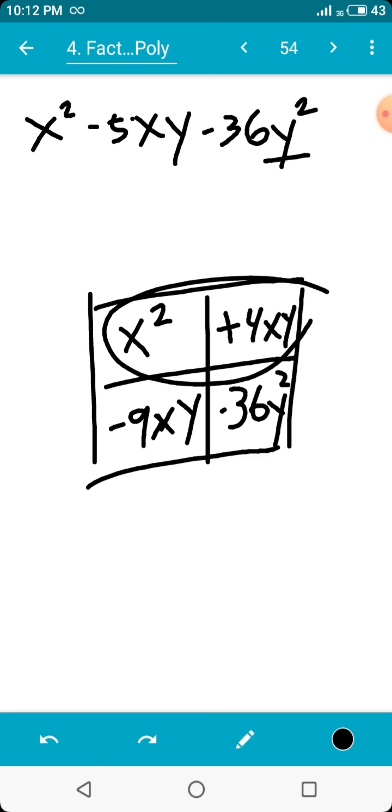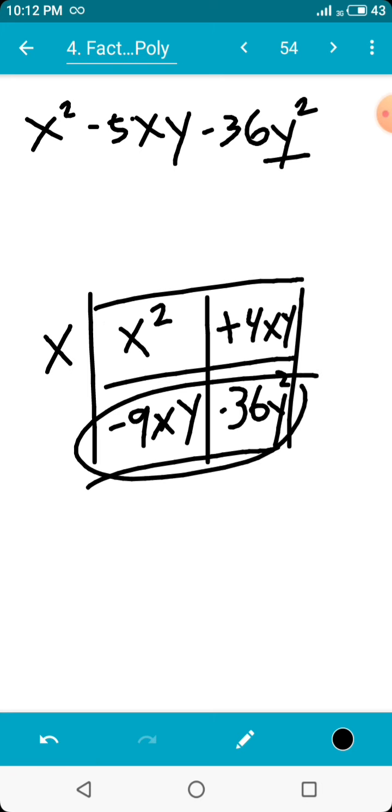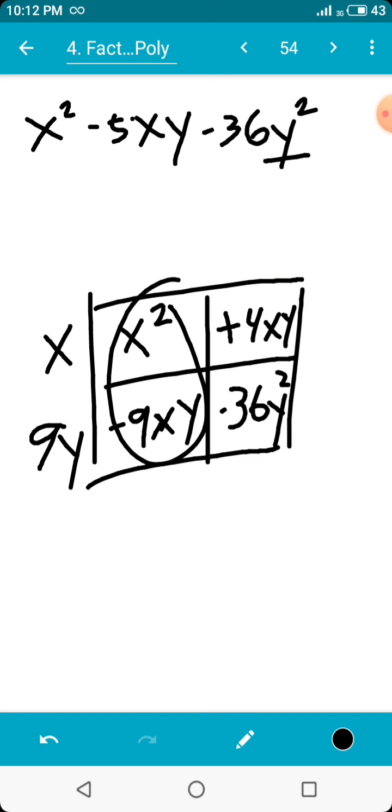So, ang common factor nito ay x. Ang GCF nito, or common factor na mataas ay 9y. And then, ito naman ay x. Oops. Yan.